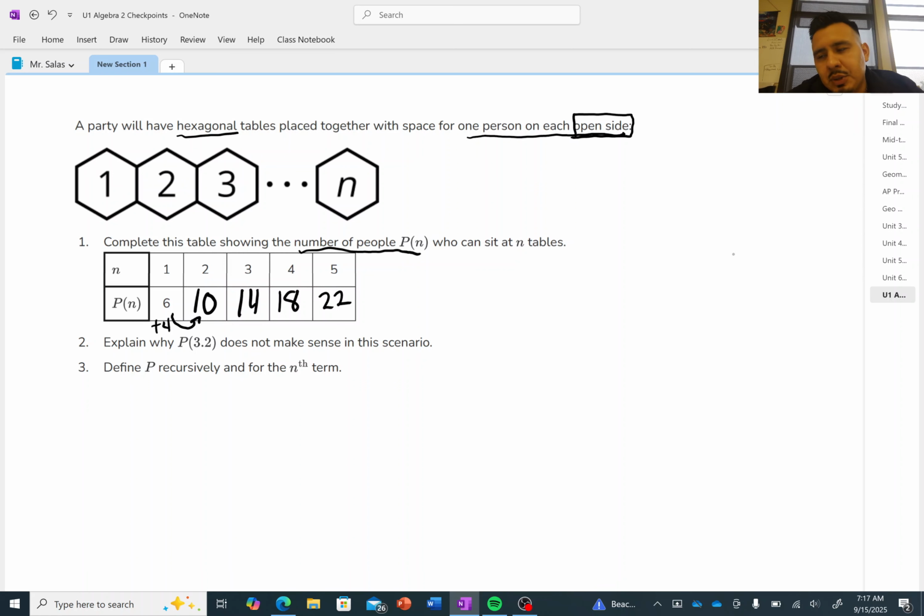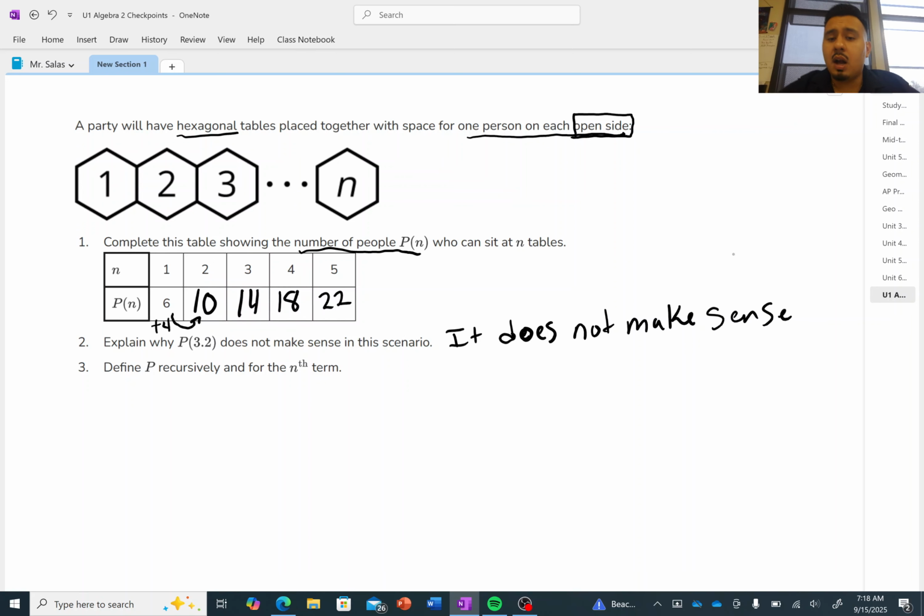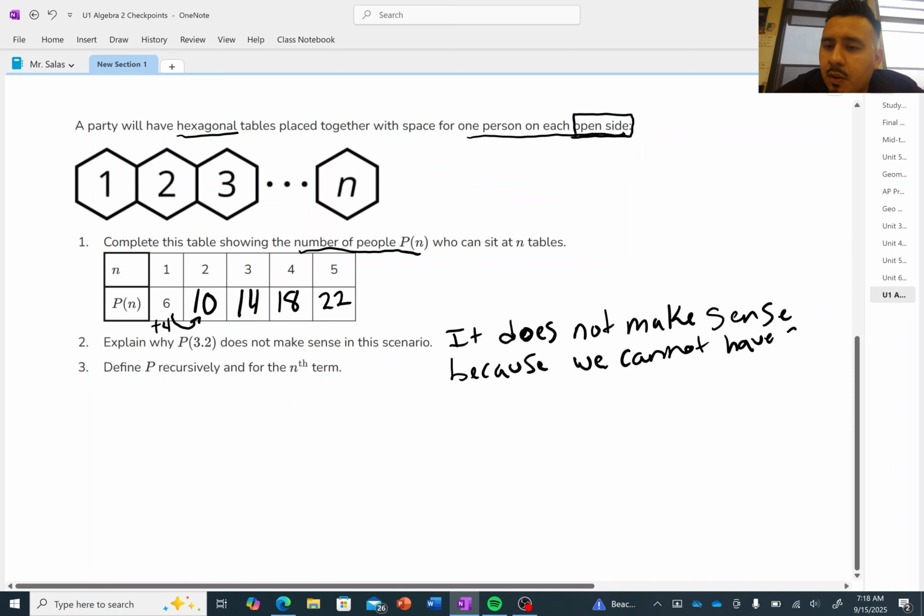So P of 3.2 would mean that I have 3.2 people.